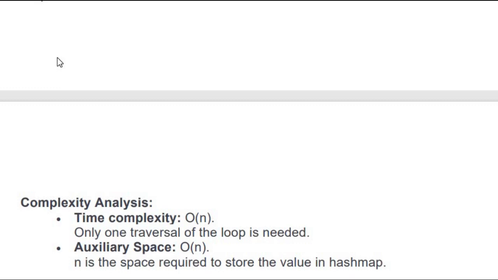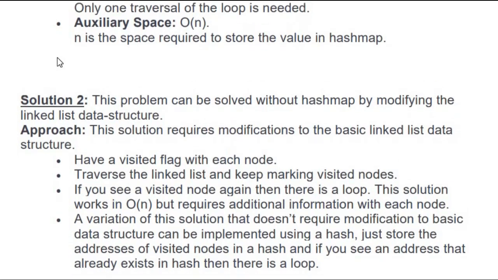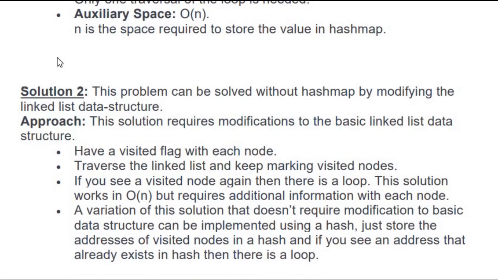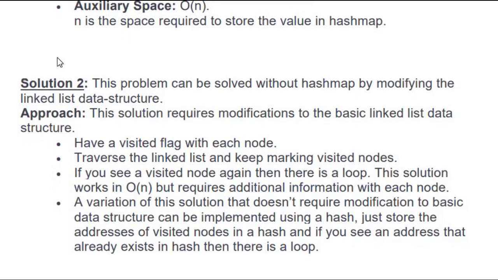There is another method where we can simply change the linked list data structure itself, but in most cases the data structure is predefined, and we aren't allowed to change it. Therefore, it isn't a recommended method, but I am going to tell you the approach of this method.